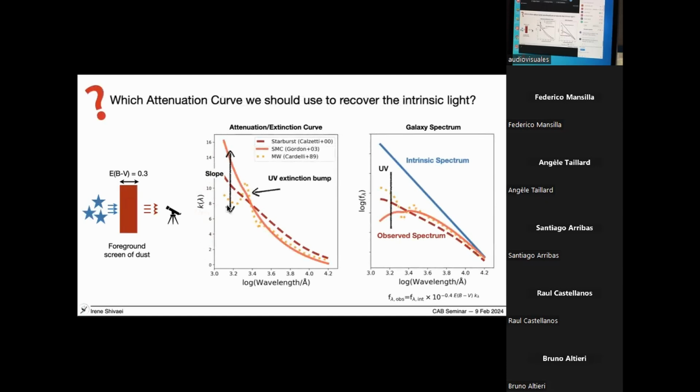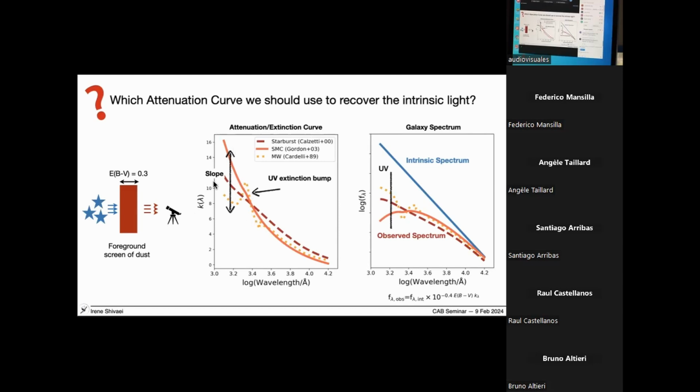But the difficulty is that there are large variations in the shape of the attenuation curves that we commonly use at high redshift. And we don't know exactly for what type of galaxies at high redshift which attenuation curve should be used. Most of these variations are in the slope at the UV part of the spectrum. And also there are UV features like this UV extinction bump that show themselves very strongly in some attenuation curves and are completely missed in the other ones.